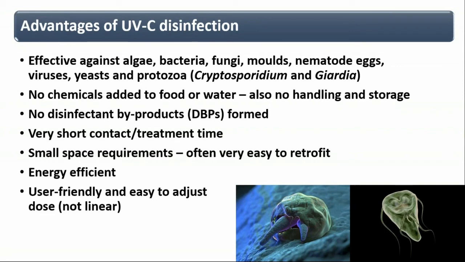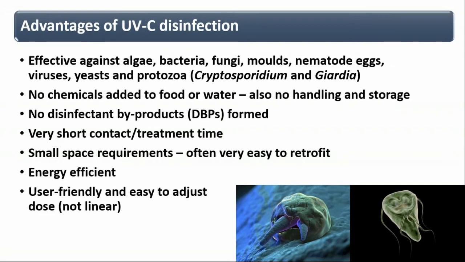The short contact times, as we know, in cleaning with foams, chemicals, or any other disinfectants, the contact time is very important, so very short exposure times required. Small space requirements, both for UV treatment on water or liquids, but also on conveyor belts or on spaces, can easily be retrofitted as well, which is a great advantage.